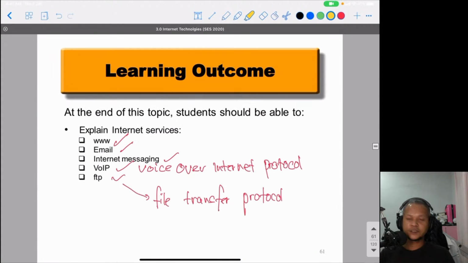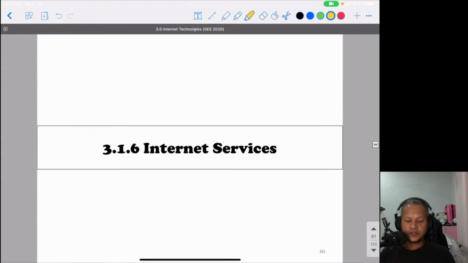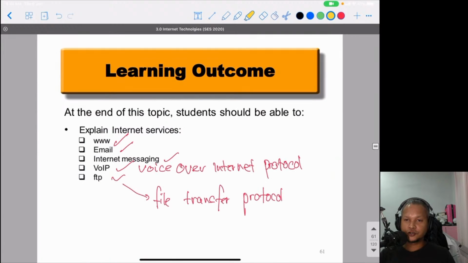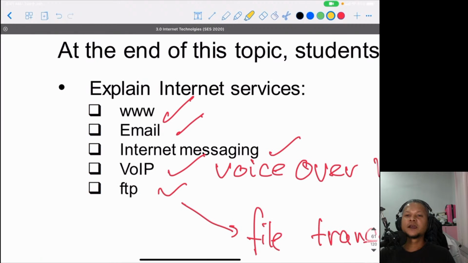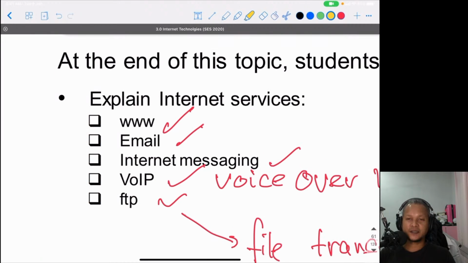And for today's technology, you should know all about internet services. Basically, the WWW, what is the WWW? Email, how to operate internet messaging, VoIP, voice over internet protocol, and FTP.